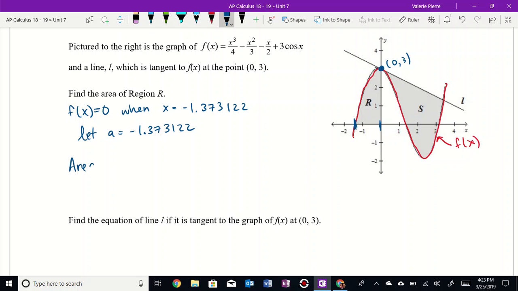So the area of R equals the definite integral from a to 0 of f of x, because this is just the space between f of x and the x-axis, which is just a regular definite integral dx. And when I put that into a calculator, I get 2.903.